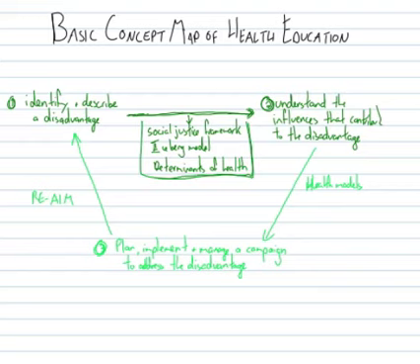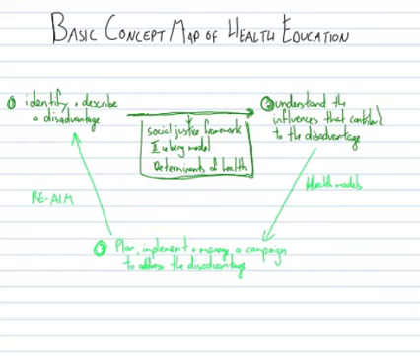So by using these tools, we can move from identifying and describing a disadvantage through to understanding the influences that contribute to the disadvantage. Once we understand those influences, we have a good idea behind why the disadvantages exist.